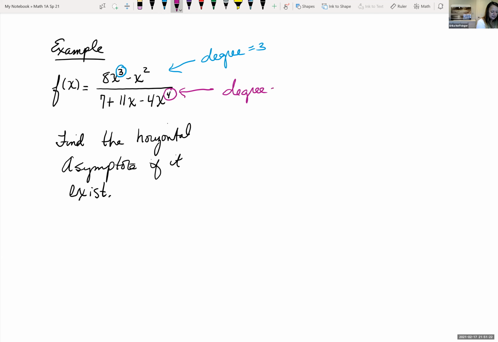We looked at which one was larger, and depending on which one was larger, or if they were the same, depended on if we had an asymptote or not. This one is larger in the denominator. So remember, if the degree of the denominator was larger, then it was at y equals 0. So we have a horizontal asymptote at y equals 0.